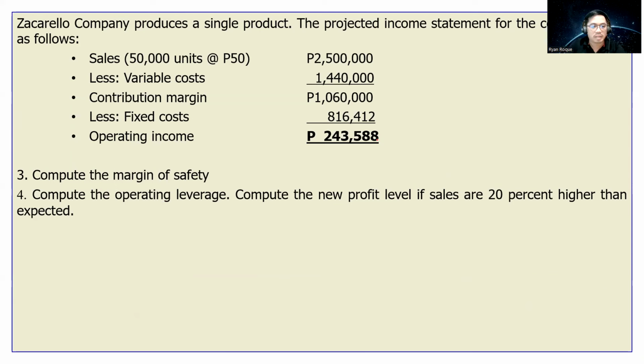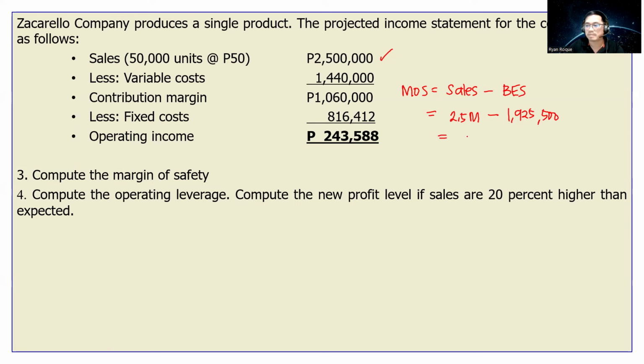We are asked to calculate the margin of safety. Remember, MOS is equal to your projected sales of 2.5 million minus your break-even sales. We already computed the break-even sales in number two. So the sales here is 2.5 million less the break-even sales of 1,925,500 computed in the previous slide.